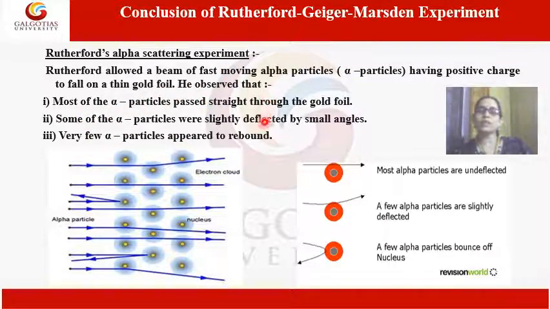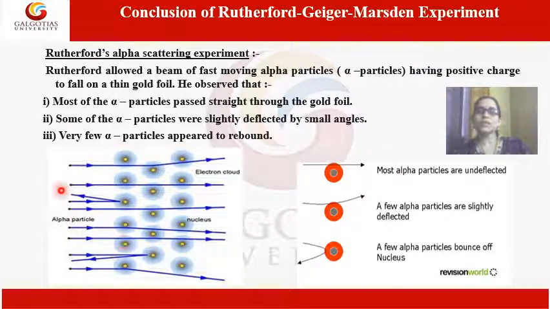He observed that most of the alpha particles passed straight through the gold foil. That means there is some vacant space inside the atom. Then some of the alpha particles are slightly deflected by small angles.